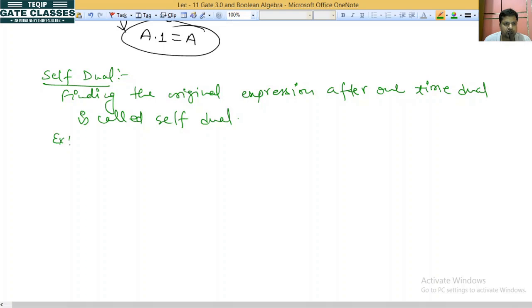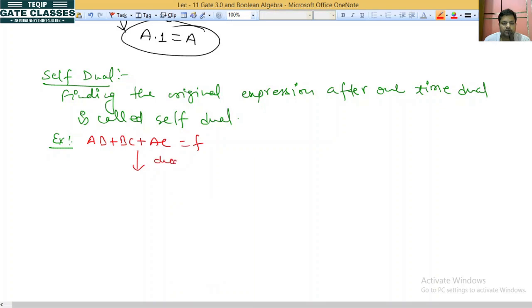So what does it mean? It means that, for example, suppose I have AB plus BC plus AC. This is our expression, and I am going to apply dual.